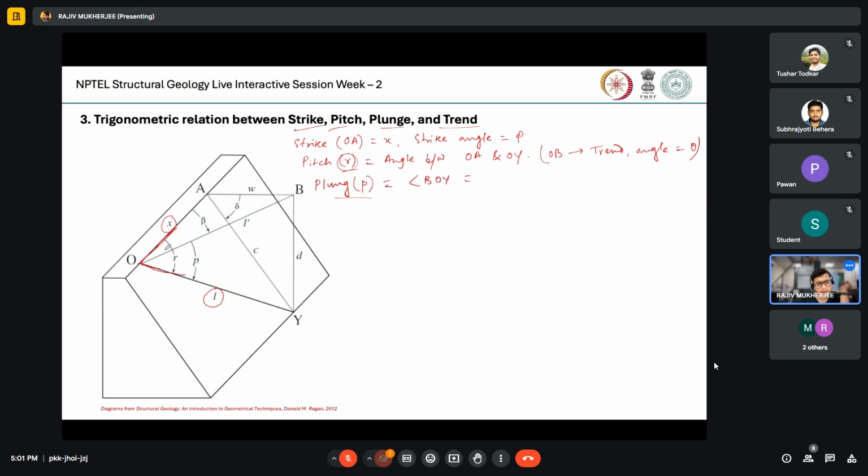So we have this common side on both of them. So if we just calculate the cosine of R, therefore for triangle OAY, cosine of R will be the base by hypotenuse. That means OA by OY, and that will be X by L. So therefore X will be, of course, L times cos of R.